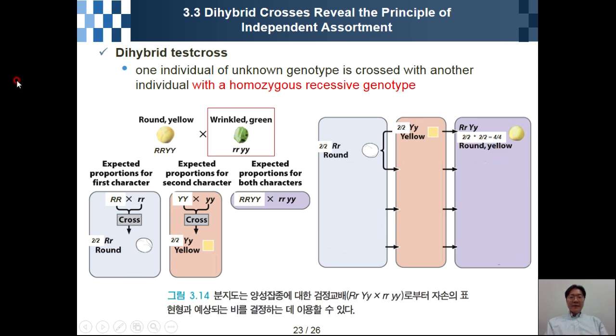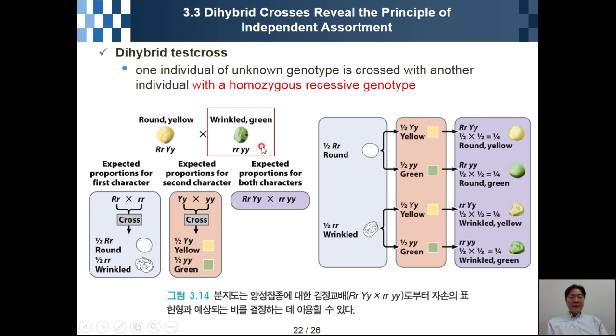So okay, the dihybrid test cross tells us that if the ratio is 1 to 1 to 1 to 1, in this case this genotype will be heterozygous.